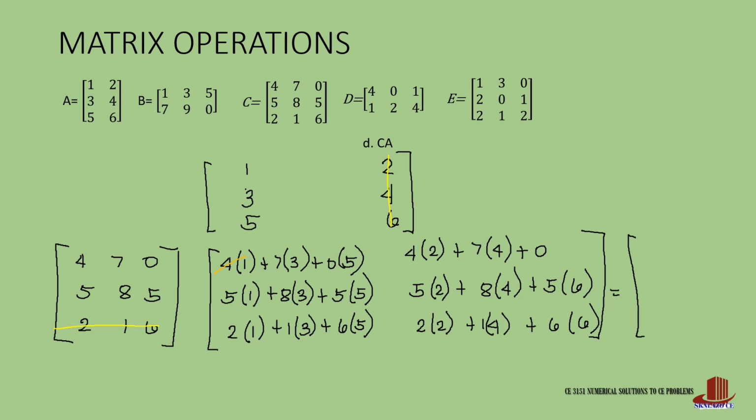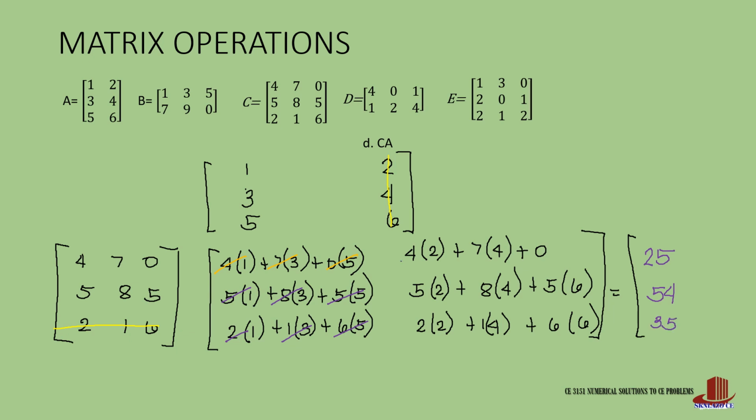So 4 plus 21, 25 plus 0 would be 25. Next, 5 plus 24, 29 plus 25 would be 54. 2 plus 3 is 5 plus 30 is 35.